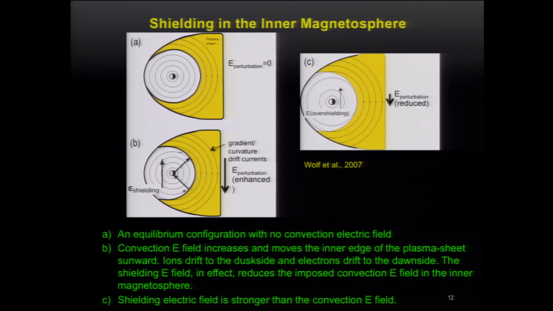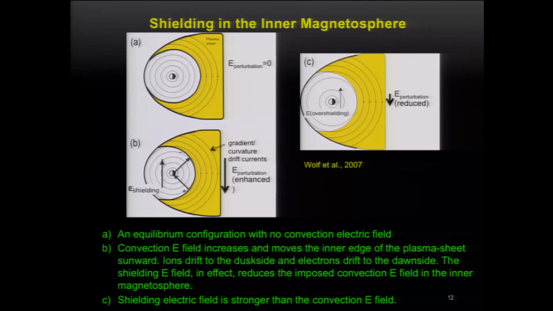Okay, so the top plot here is an unperturbed condition under equilibrium. The yellow shaded region is the plasma sheet. When we impose a convection electric field, the inner edge of the plasma sheet will move earthward. At the same time, the gradient and curvature drift will accumulate positively charged particles on this side, and negatively charged particles on the other side.